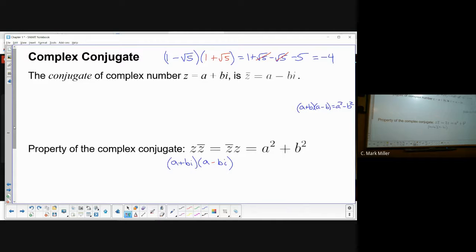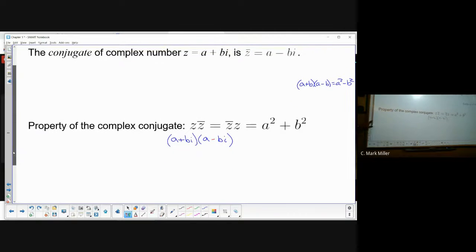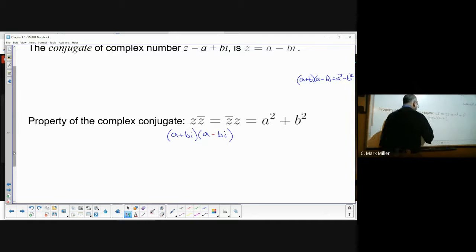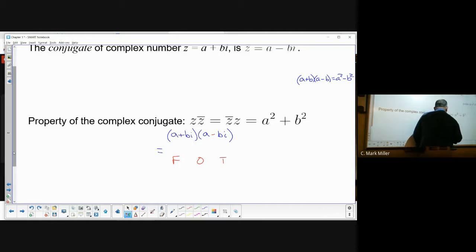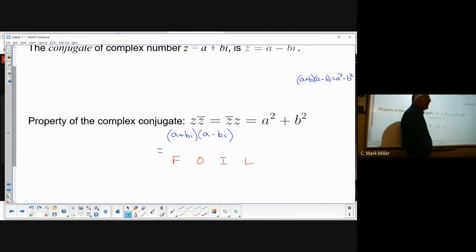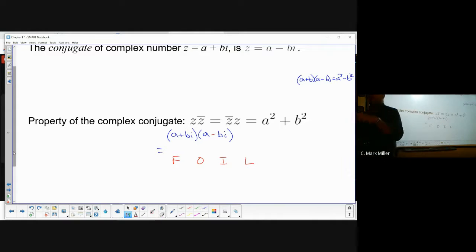This is complex, works a little different sometimes. So if I FOIL this out, I'm going to have first, outer, inner, last. By the way, I've said it before: if you learned a different way to multiply binomials, I'm aware of those different ways. FOIL is the most common method, but if you have a different way of doing it, by all means do it. I won't hold you to FOIL.